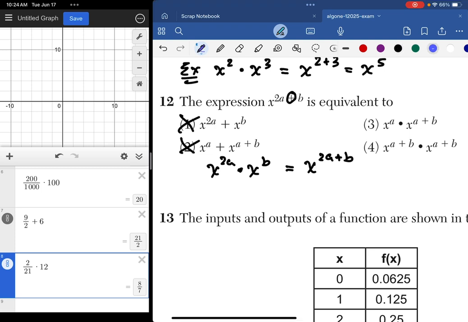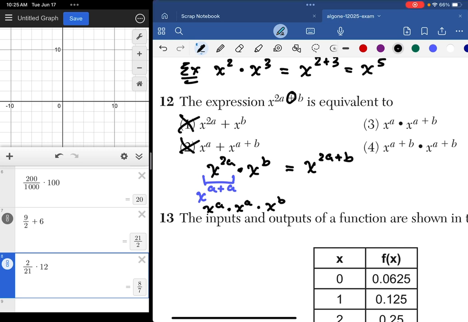So I could write this one here as x to the a plus a, because a plus a is 2a, all right? And use that same rule a second time, making this x to the a times x to the a times x to the b.